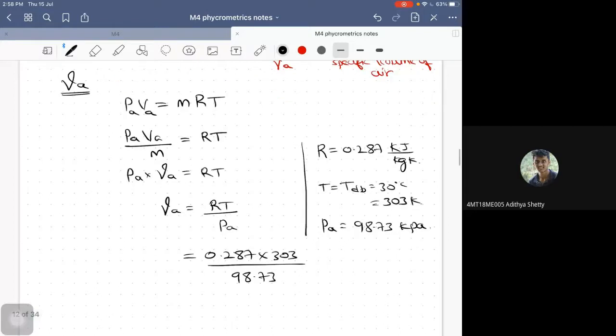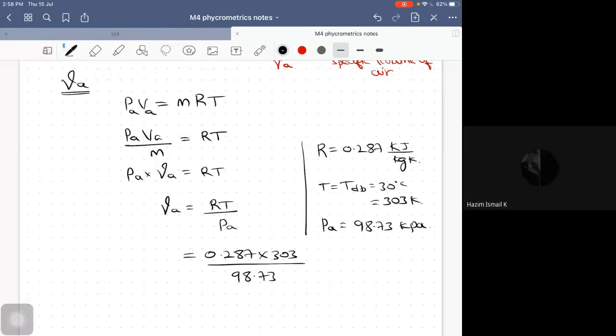That gives 0.8807. Okay, so this is meter cube per kg of dry air. So this is the volume of air.